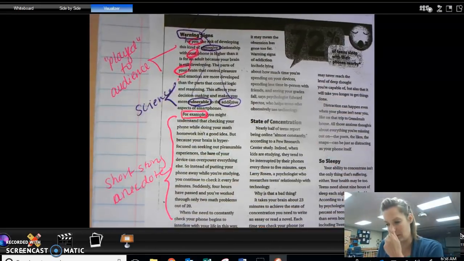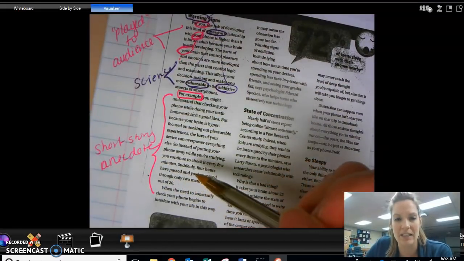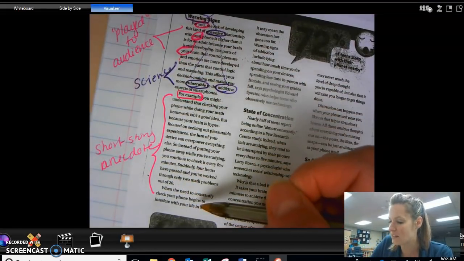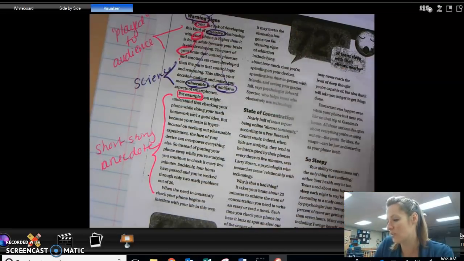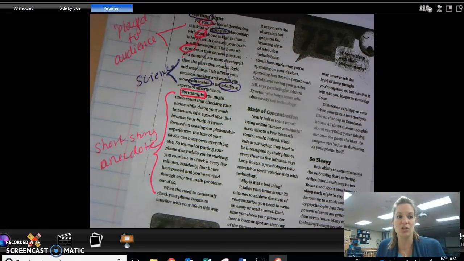I can't remember how to spell that word, but we're going to pretend that's how you spell it. So a short story is called an anecdote. Notice it's only a few sentences long. She didn't use the entire passage to do that, but what she did was simply focus on that one little part because she knows that most of you have probably had math homework before and wanted to check your phone while you're doing it.